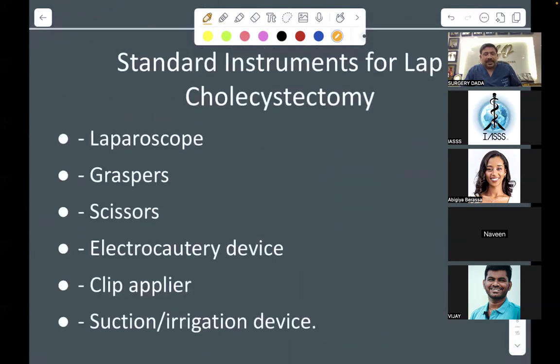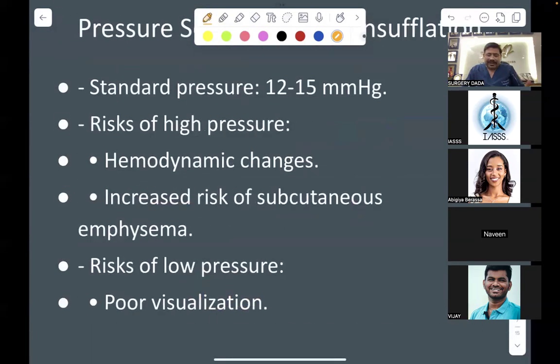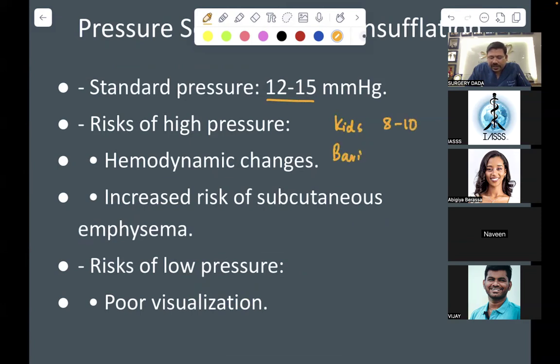One more important thing is, sir, what should be the standard pressure? 12 to 15 mmHg is the standard pressure. In case of kids, the pressure has to be 8 to 10 mmHg. For bariatric surgeries, you have to have a pressure of at least 15 to 18 mmHg. Remember, pressure more than 20 mmHg increases the risk of CO2 embolism.